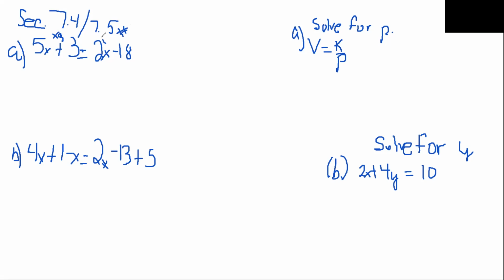Given that procedure, we will take 2x and do the inverse of that, since it's positive, and make it a negative 2x, and subtract that from the 5x. 5x minus 2x will leave me with 3x plus 3 equals, and if we recall, this is a negative 18.